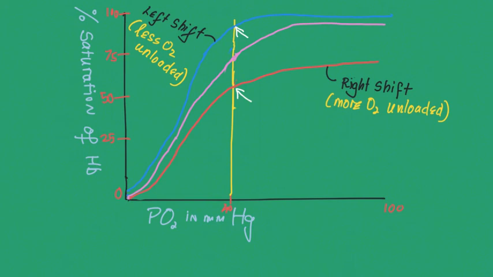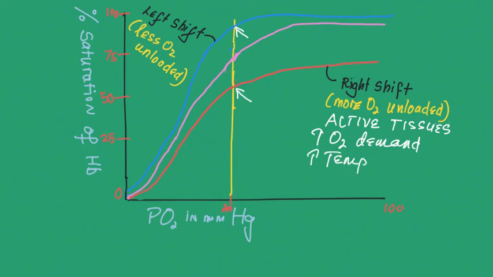The curve shifted to the right is delivering oxygen to active tissues. Active tissues have a higher demand for oxygen. Active tissues are also warmer, so their temperature is higher. And they also tend to be acidic, so the pH is lower. These indicators, high temperature and low pH, cause the hemoglobin to unload more oxygen and shift the curve to the right.